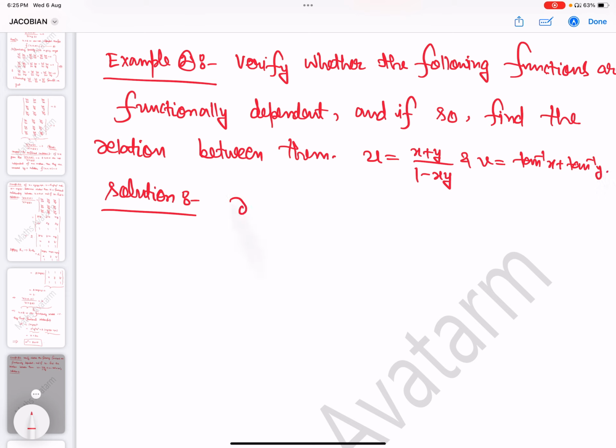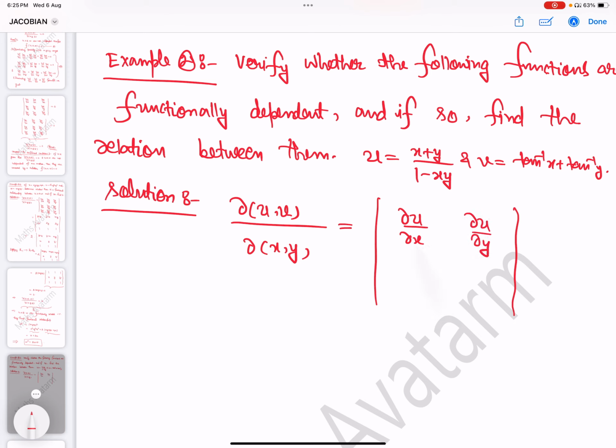And now what is the Jacobian of u, v with respect to x, y? This is del u del x, del u del y, del v del x, del v del y.